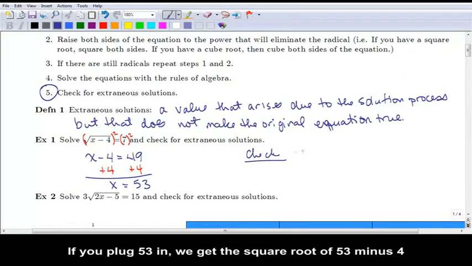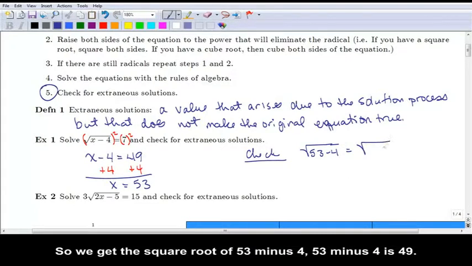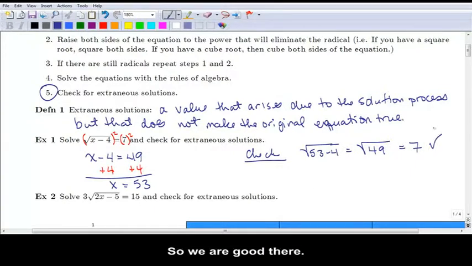If you plug 53 in, we get the square root of 53 minus 4, and we always want to make sure that that radical goes over everything that's underneath it. So we get the square root of 53 minus 4. 53 minus 4 is 49. Square root of 49 is 7, which was what our original equation was. So we are good there.